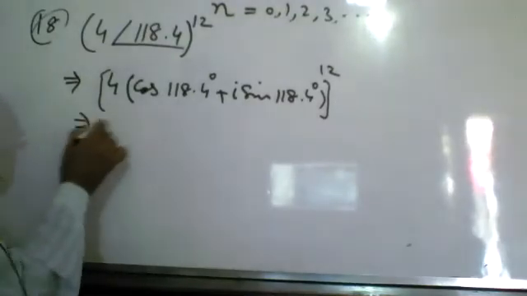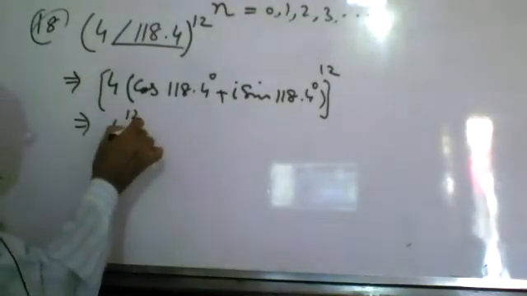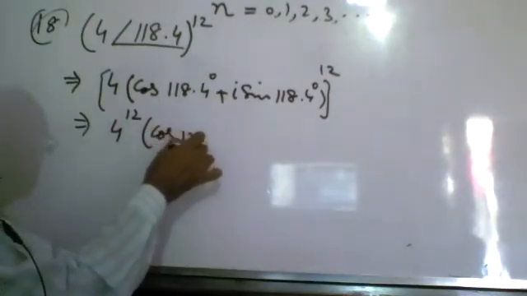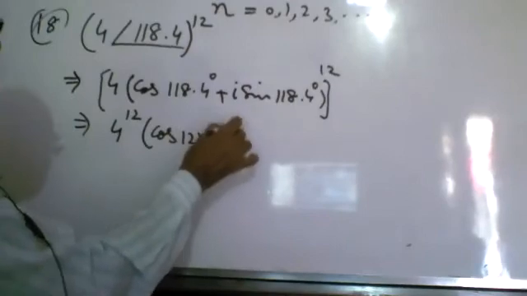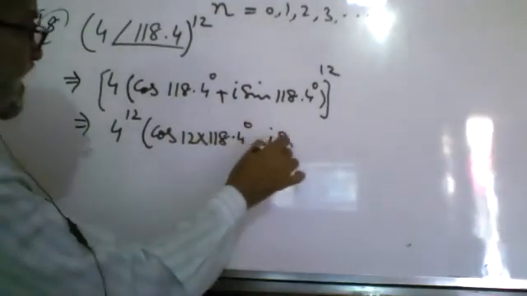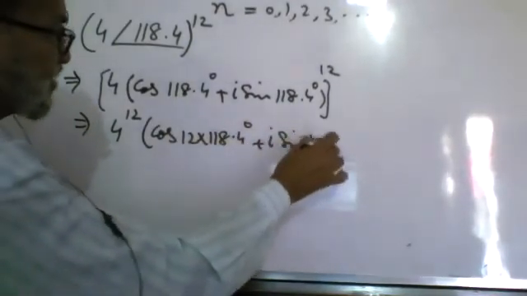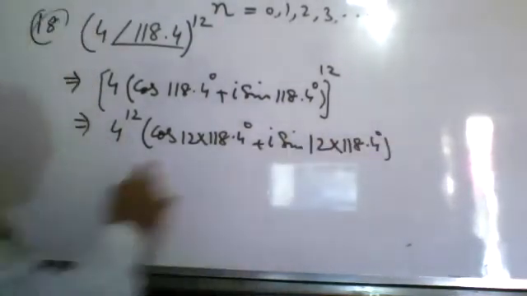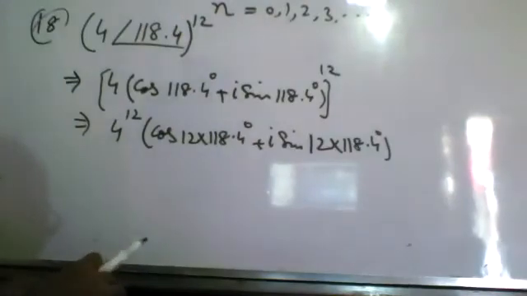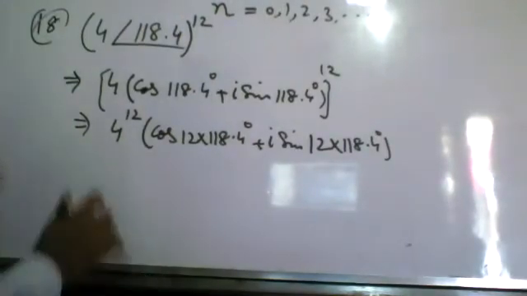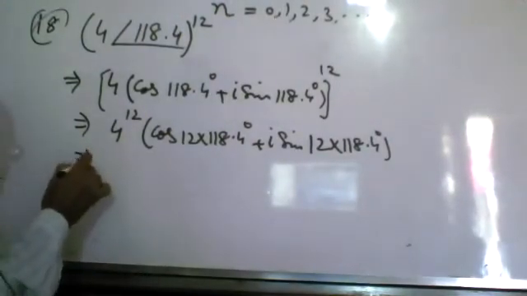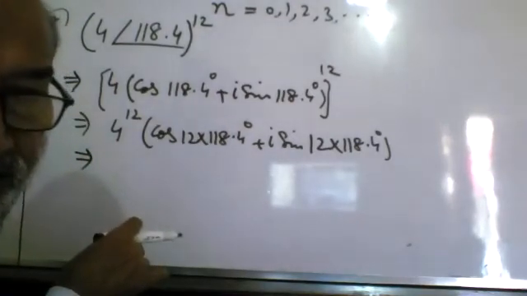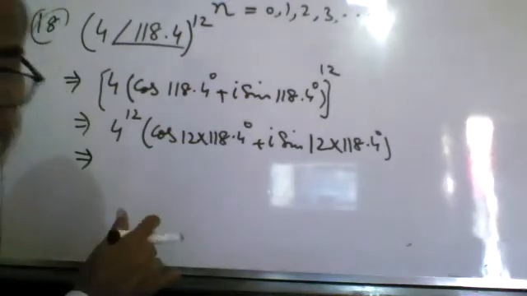or it will become 4 raised to power 12 into cos of 12 multiplied by 118.4 degree plus iota sine 12 into 118.4 degree. Yes, what is 4 raised to power 12? 16777.